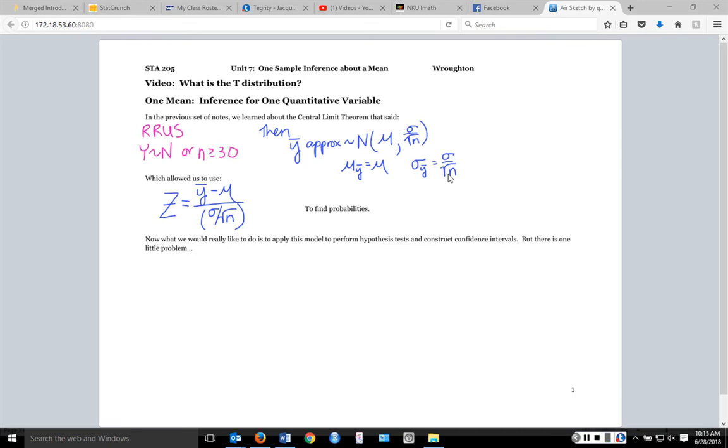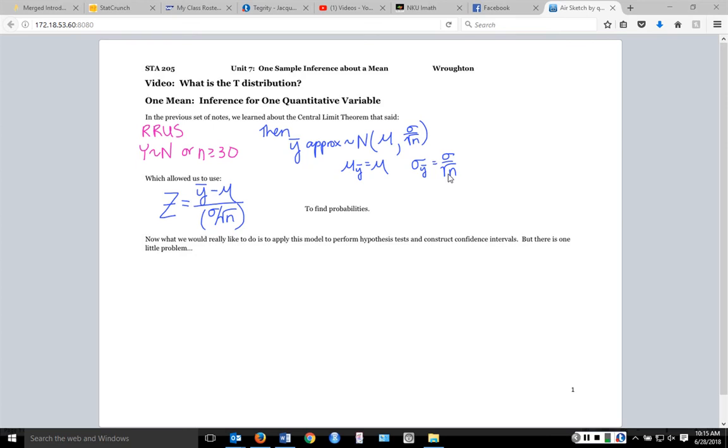This was great. So our goal moving forward is to start doing hypothesis tests and confidence intervals for a mean. And generally when we've done hypothesis tests and confidence intervals, we've used a z-score. But there's going to be one little problem that we need to talk about here to understand first why things are going to change a little bit before we dive into how they're going to change.